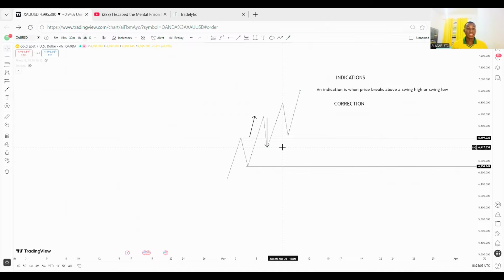Price is simply correcting to grab out breakout traders, those who FOMO in a breakout. Price is going to liquidate them and then continue in the long run, right, to give us another higher high. So this move down here is called what? The correction.